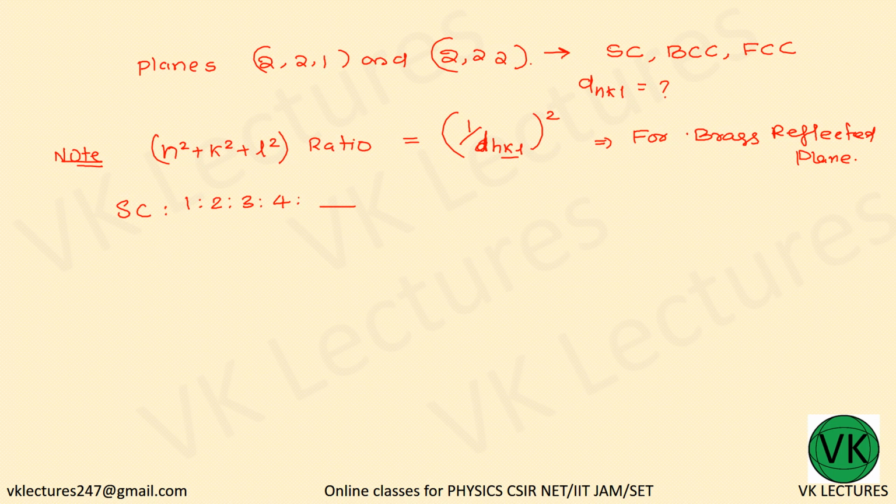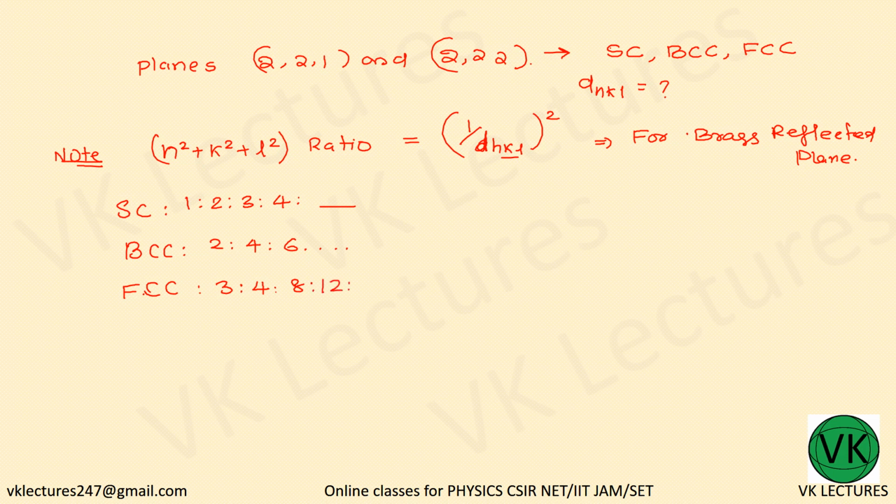Coming to the body centered cubic, the ratio goes like this: 2, 4, 6, etc. And for face centered cubic, the ratio goes 3, 4, 8, 12.